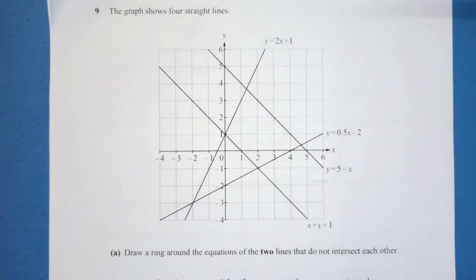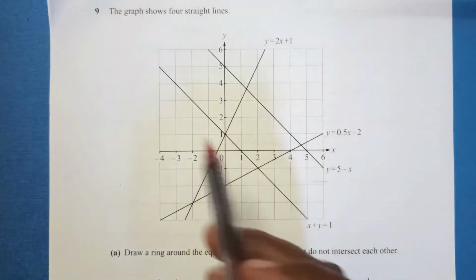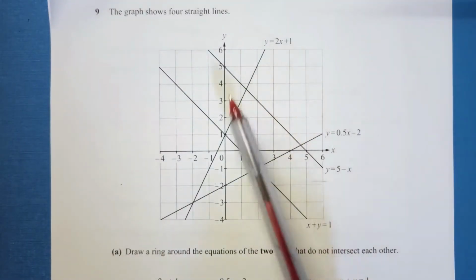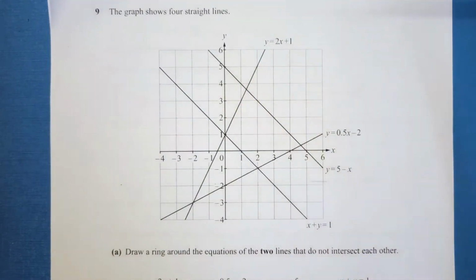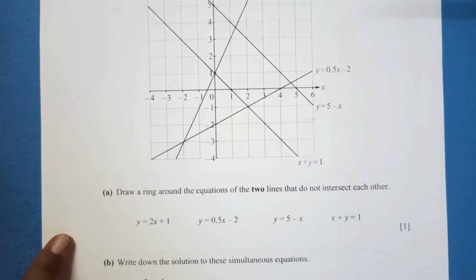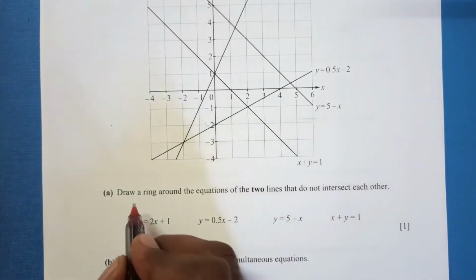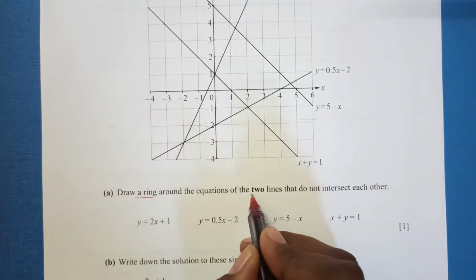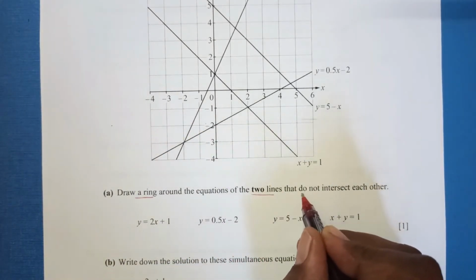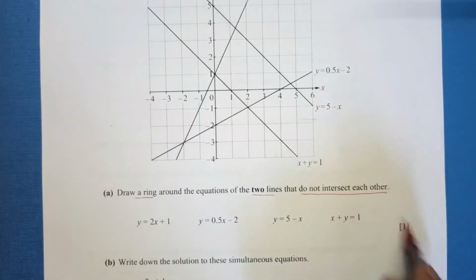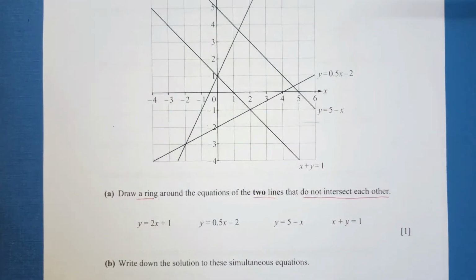Question number 9. The graph shows 4 straight lines, 1, 2, 3 and 4. Part A: draw a ring around the equations of 2 lines that do not intersect each other. Let's see which lines are not intersecting.